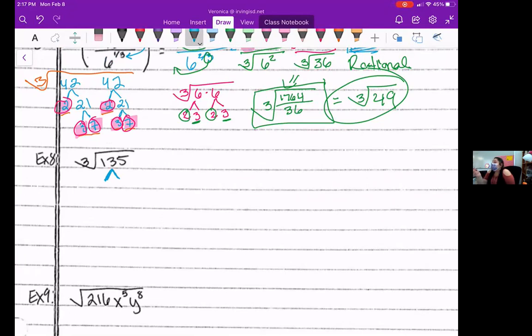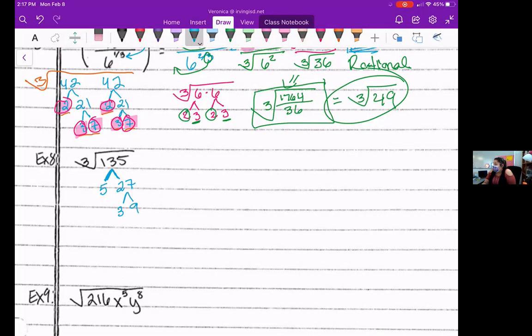So what number can go into 135? The first number I thought of is 5, because anything that ends with a 5 or a 0 is divisible by 5. So 135 divided by 5 was 27. So 5 times 27. Well, 27 is what? 3 times 9.